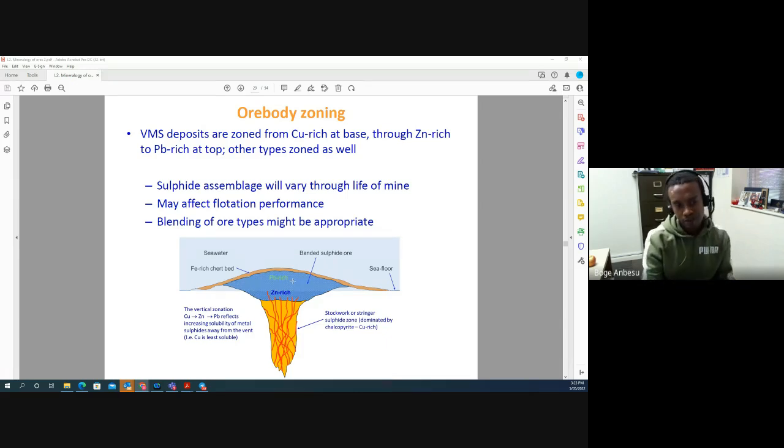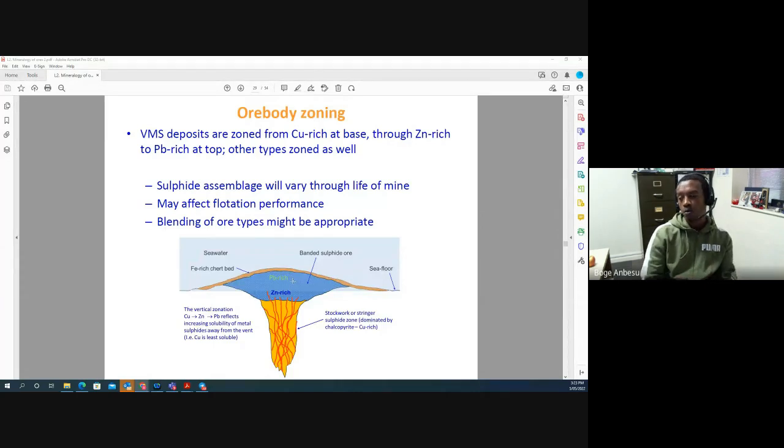So why don't we then individually process them? Why don't we first process the lead and then the zinc and then the copper? Because adjusting for those variations and changing our processing plant as a result of that is a lot more challenging. So what we do is we first want to have a plant that can handle all the variability in the deposit.